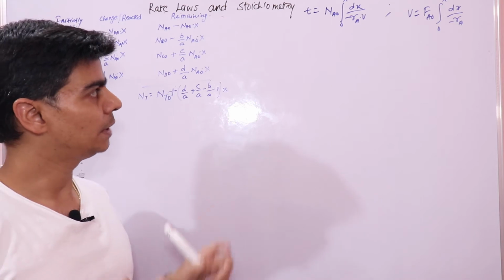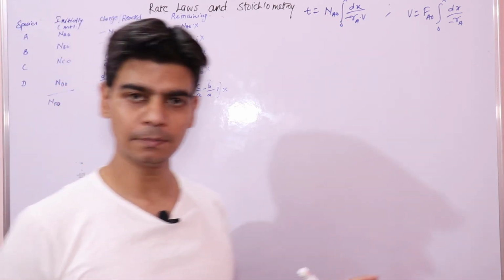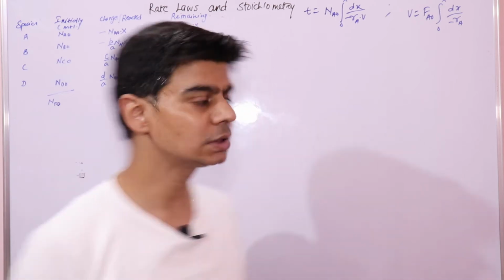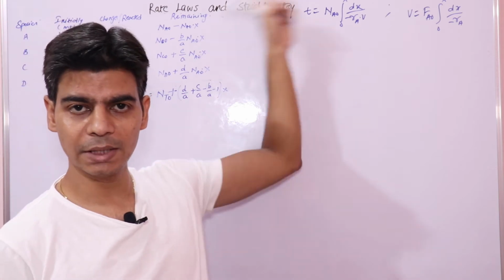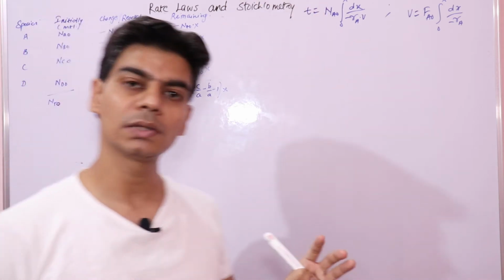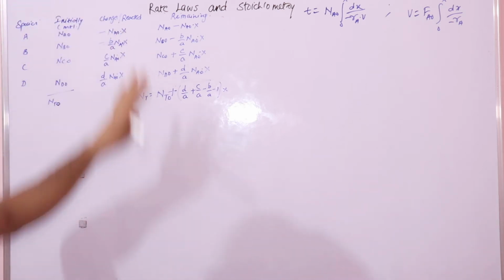Now in order to express rate of reaction in terms of conversion, we need two things. First is rate law, second is stoichiometry. Based on these two we would be building a stoichiometric table, and we'll understand what this is.